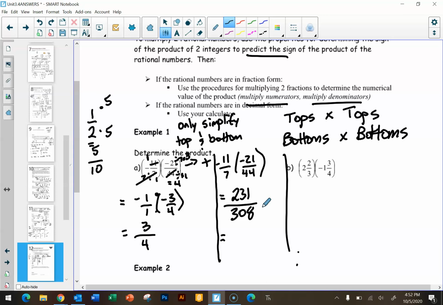Nope. 7? By checking my calculator, I know I can divide both of these by 7. The top divided by 7 is 33. The bottom, 308, divided by 7 is 44. Okay, well now we're at a point where I know if I divide 11 out of both of these, I could get to 3 over 4.